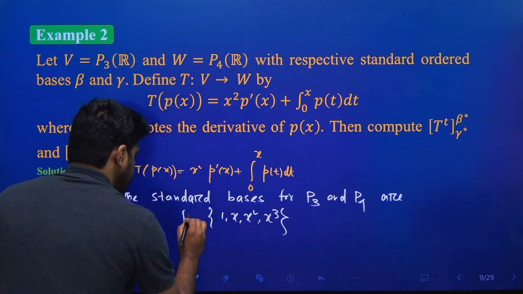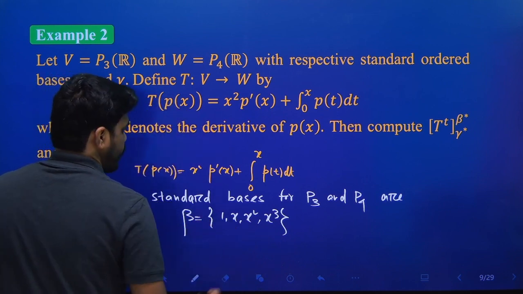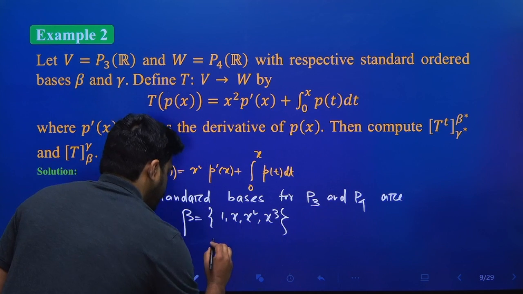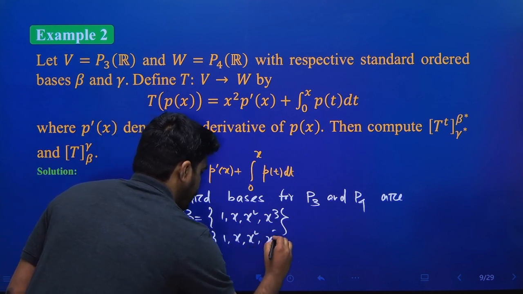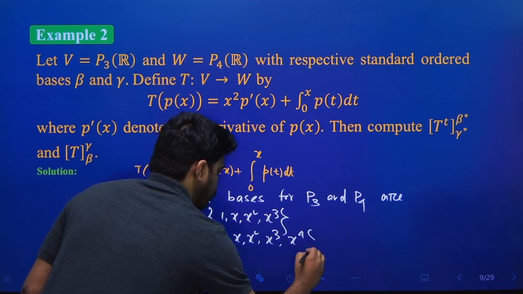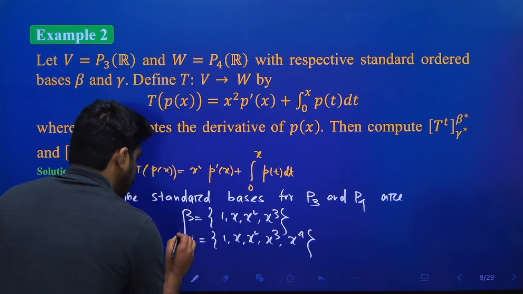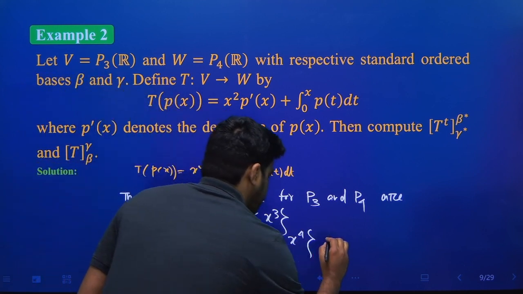Suppose this is beta. And the standard basis for P4 is 1, x, x square, x cube, x to the power 4. Suppose this is gamma, respectively.